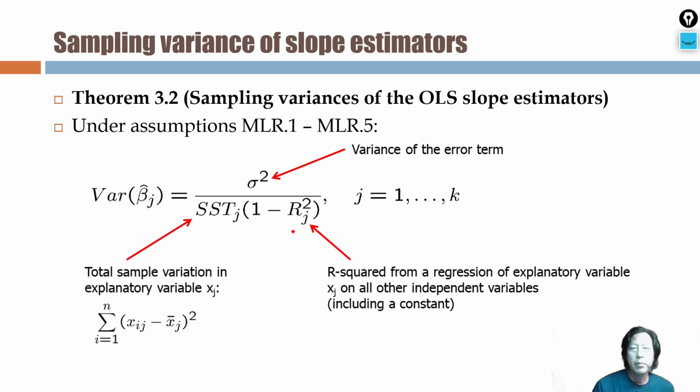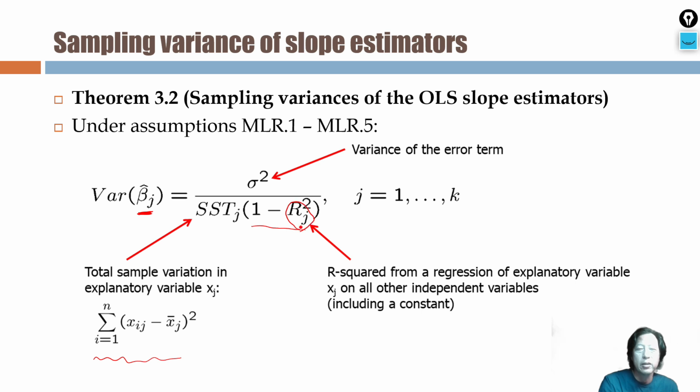The sampling variance of the OLS slope estimator is given by this. The variance of the slope estimator will be sigma squared over SST, which is the sample variation in the variable x, times 1 minus Rj squared.